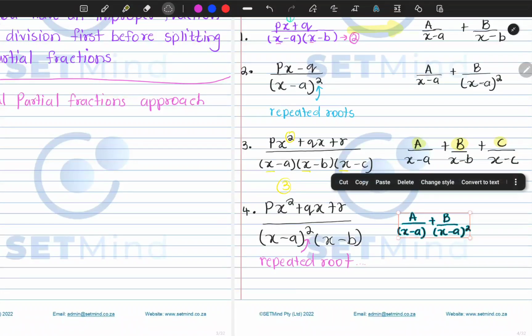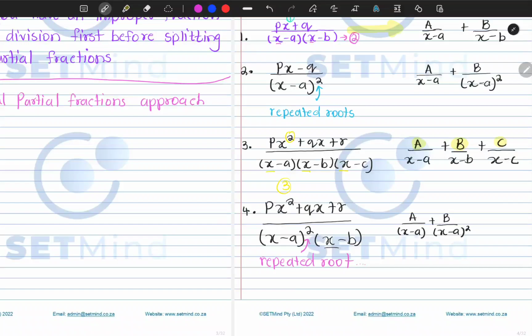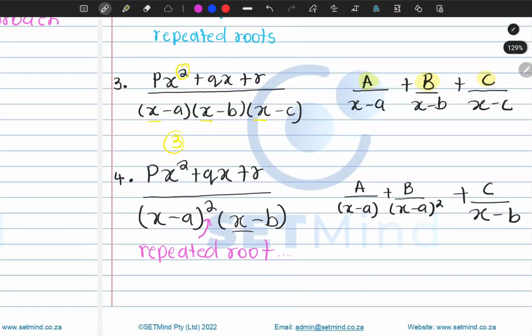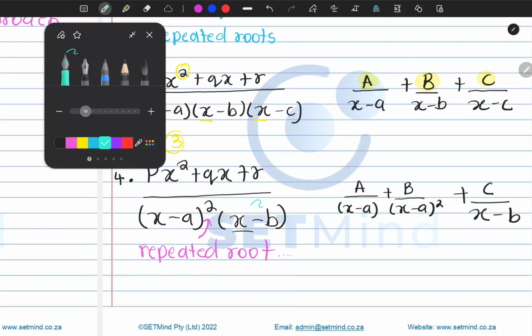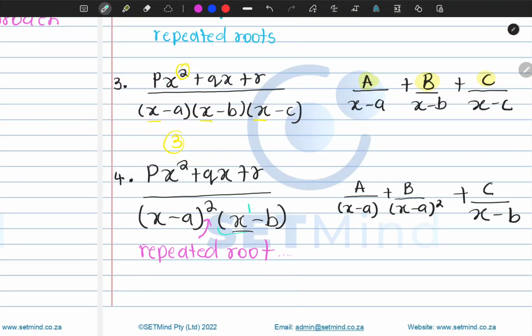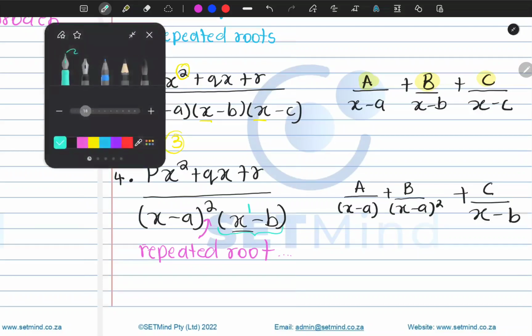And then the other portion, which is x minus b, this will just be added here as c divided by x minus b. What I need you to note is that the terms that always have a degree of 1, like this bracket, at the top it always has a term which has a degree which is 1 less. So meaning a term which has a degree which is 0.